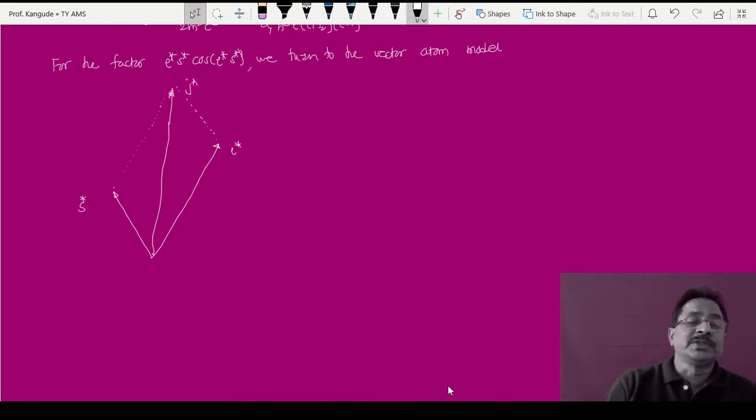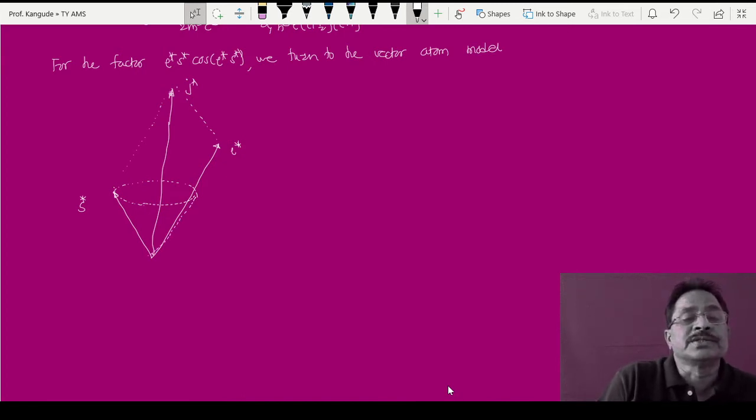And now what is this precession? Precession means this S star vector rotates about the direction of J star in such a manner that it completes one cone as shown here. So connect this and this by dotted lines, you will get this.